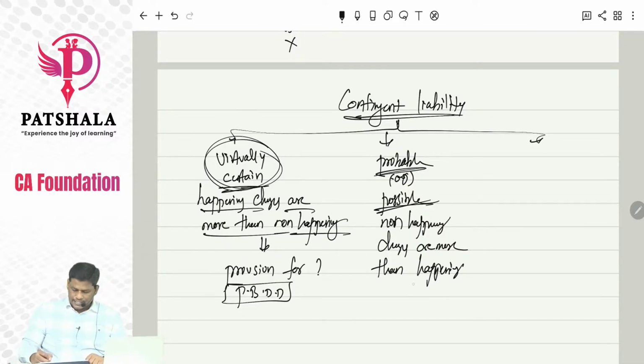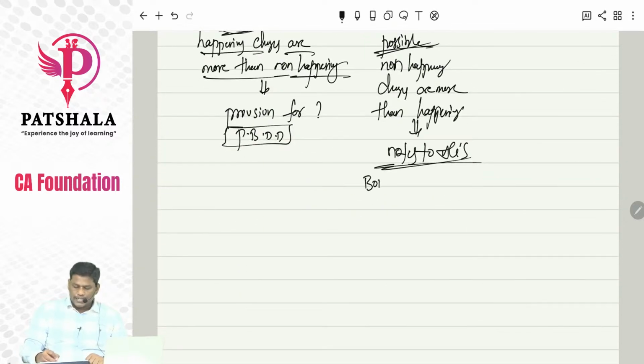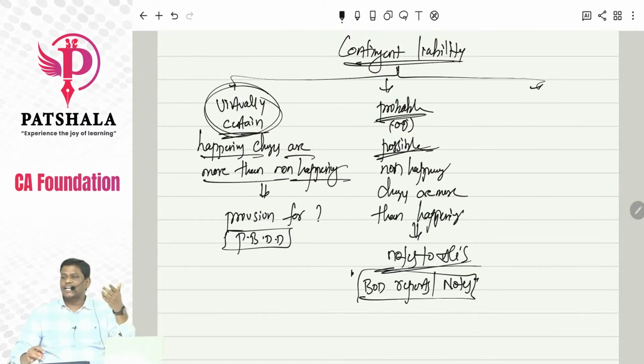In such cases you give a note to accounts. Once you prepare your books of accounts, after that the board of directors' report or some notes will be written to your accounts. In that you mention a note saying that this is what has happened, a case has been filed against the company where we have to pay or we might have to pay.